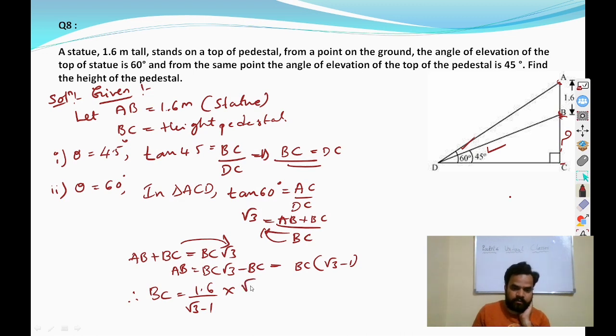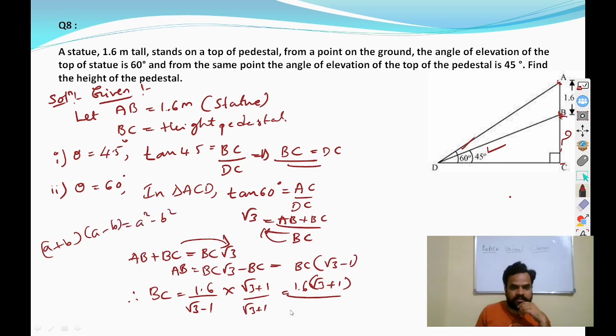So multiply by root 3 plus 1 divided by root 3 plus 1, which gives 1.6 into root 3 plus 1 divided by (root 3 minus 1)(root 3 plus 1). This is the formula (a plus b)(a minus b) equals a square minus b square, that is root 3 square minus 1. The square root cancels, remaining is 2. 1.6 by 2 is 0.8. So 0.8 into root 3 plus 1 meter.